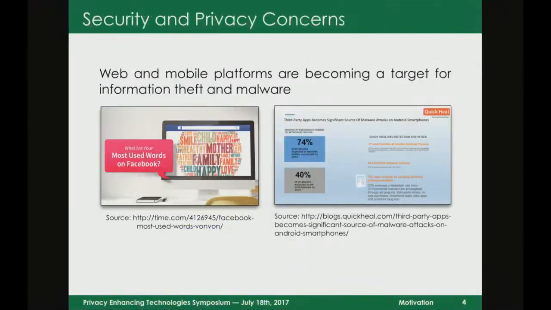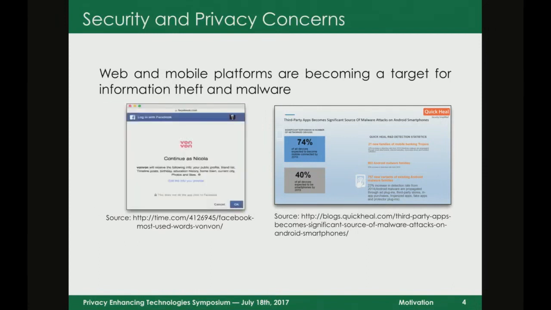Because third-party applications are becoming widely available and are being used daily, the web and mobile platforms that provide them are becoming a target of security and privacy attacks. For example, on Facebook, there are many malicious applications that request access to more information than is required for their functionality.